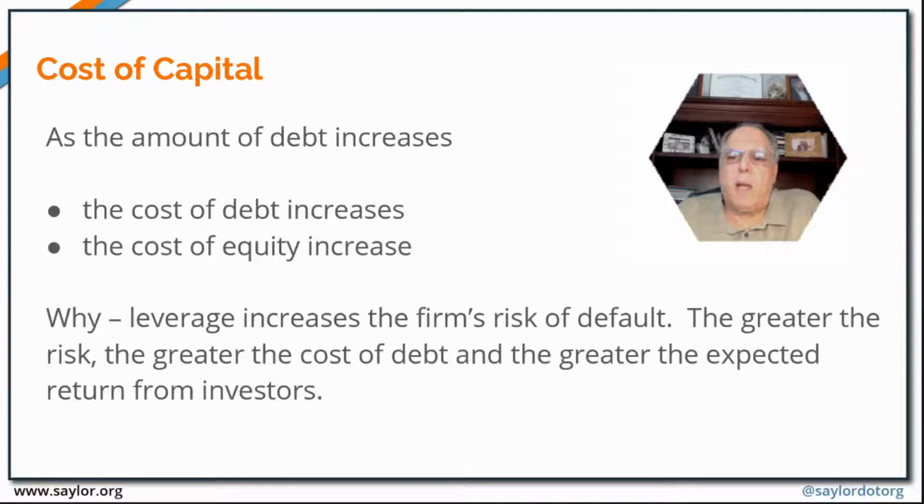So if I go to the bank and I want to borrow $1 million, there's a certain risk that the bank assumes that I'm going to pay that $1 million back, which is why they do credit checks and review financials and the like. And they assign an interest rate. Now, that interest rate and the risk are going to be greater if that is $10 million or $100 million. So the more debt that the firm uses, the greater the risk to the lender, and that typically means that the cost of debt will increase.